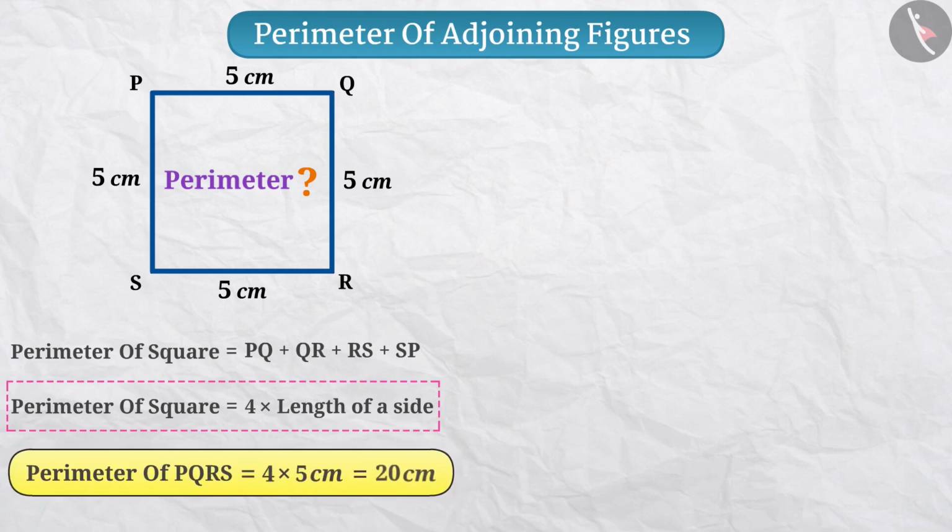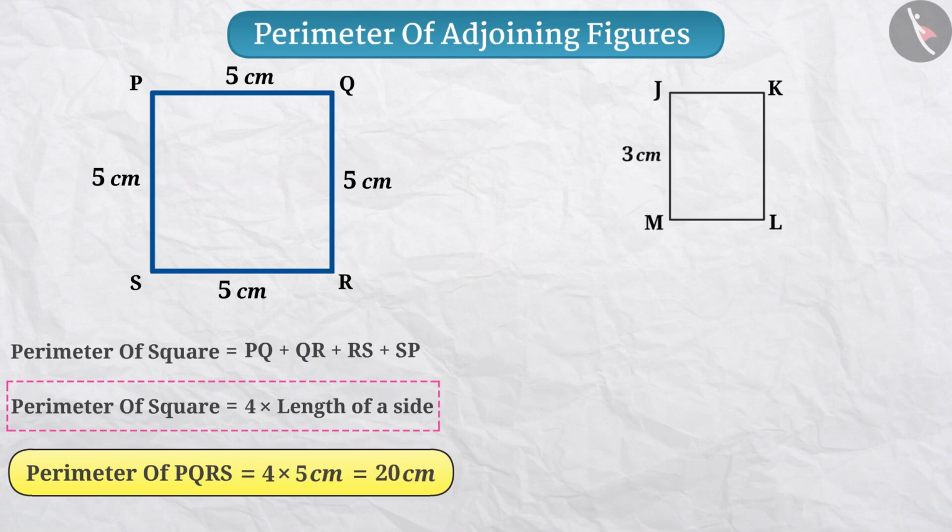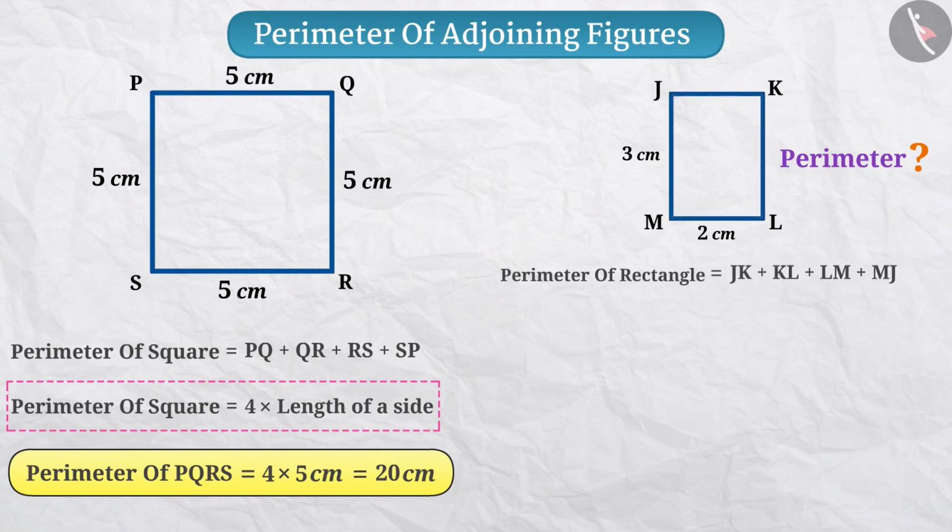Now, you can draw a rectangle JKLM with 3 cm length and 2 cm breadth on paper. Can you tell me what will be the perimeter of this rectangle? Think. Here also, the perimeter of the rectangle will be the sum of the lengths of all its sides.